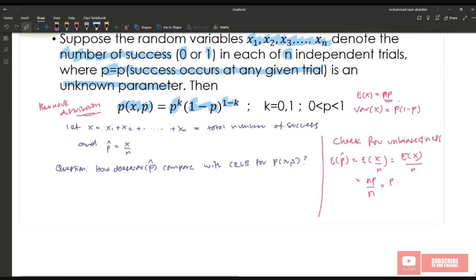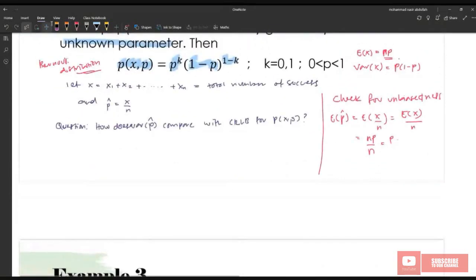So now, this is a summation of X, so this is p, betul, sebab Bernoulli mana ada n, right?